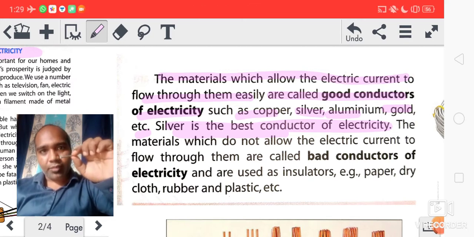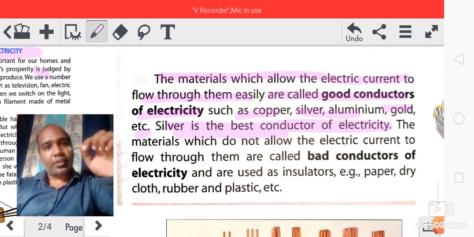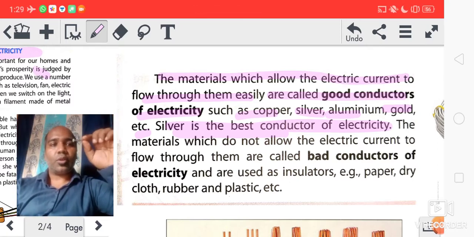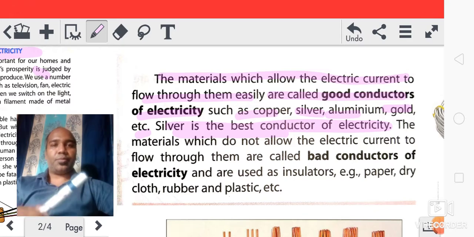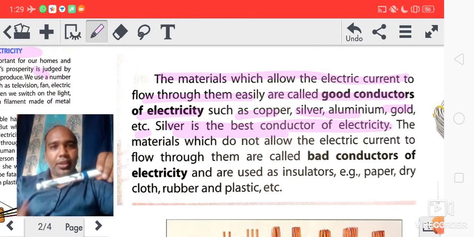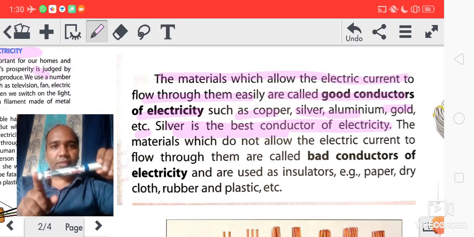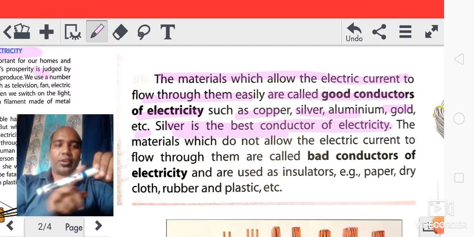Similarly, if this nail were of aluminum, then also electricity will flow through this. And if I take this marker and touch the electric current here, will you feel the electric current on this side? You will not feel it. Why? Because electricity cannot pass through this marker.